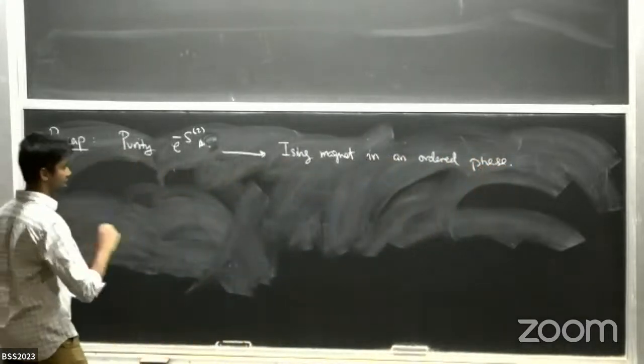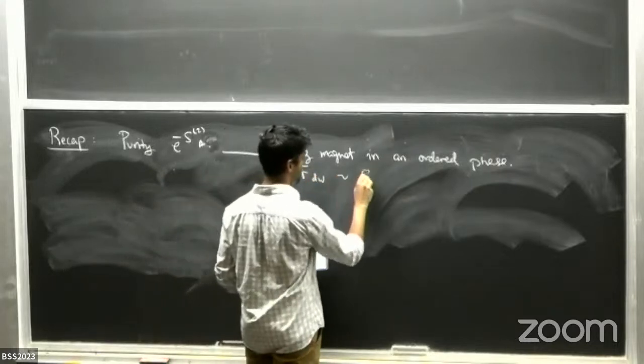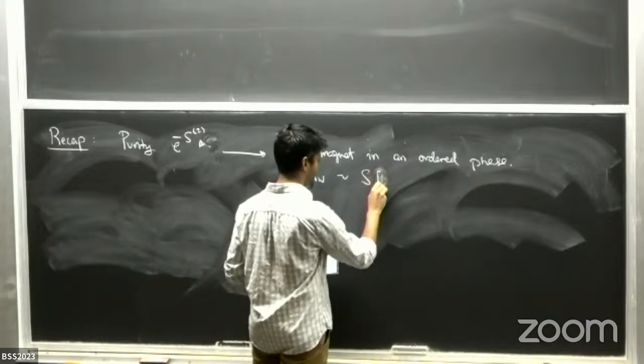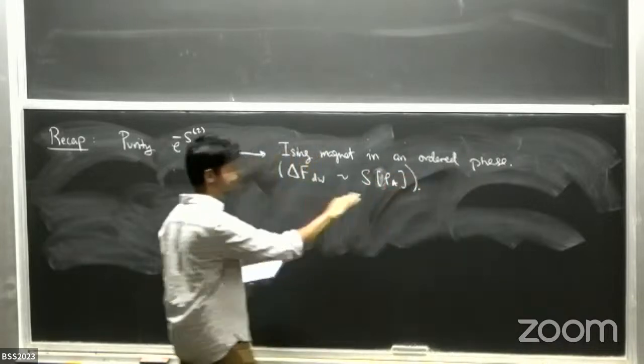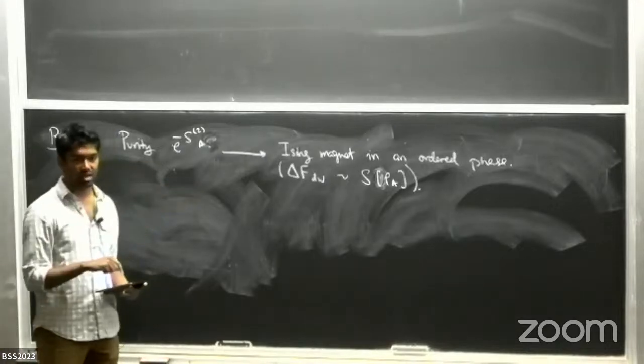And it's the free energy cost of an Ising domain wall, which was related to the entanglement entropy of the subsystem. This is very heuristic, right? But that's essentially what we found, right? The line tension of the domain wall gives rise to ballistic growth of entanglement.